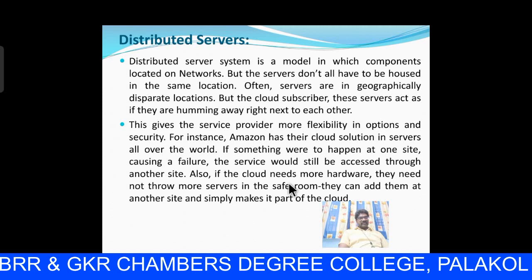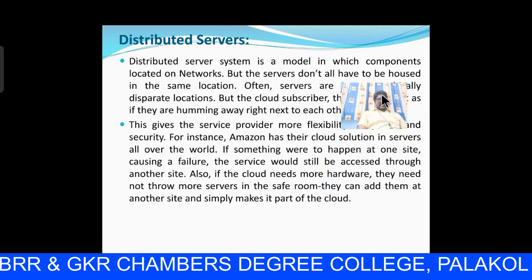For instance, Amazon has its cloud solution with servers all over the world. If something were to happen on one side causing a failure, the service would still be accessible through the other side. Also, if the cloud needs more hardware, they need not throw more servers into the same room. They can add them at the other side and simply make them part of the cloud.